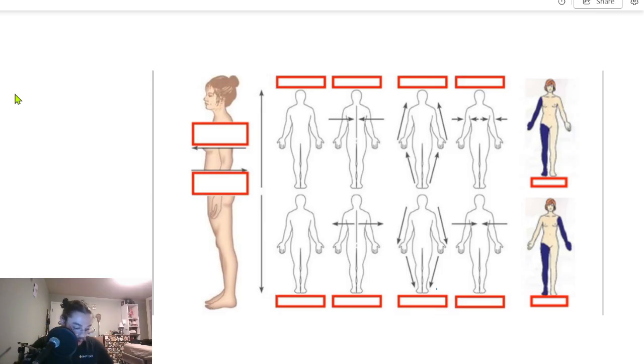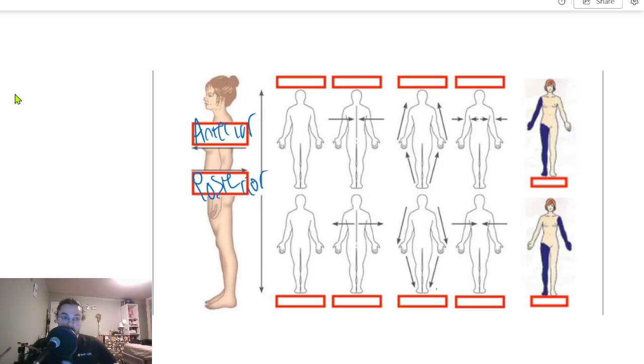So I want you to label this right here. This side of the body is what? That is your ventral or anterior side, okay? So the answer for this is going to be anterior. Then going the other way, what about the back side of the body? What is that called? That is your posterior or your dorsal side, right?